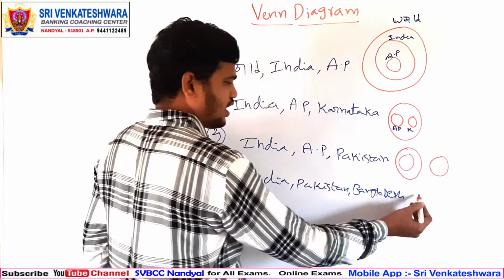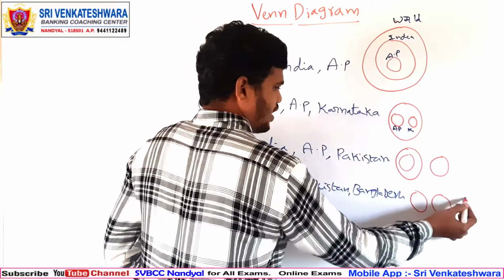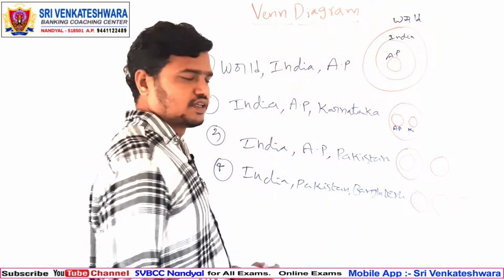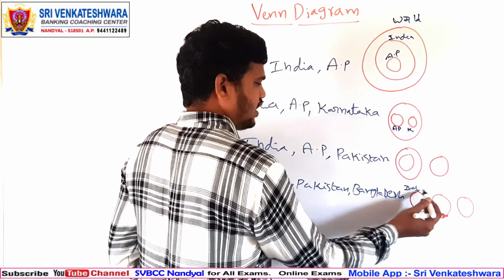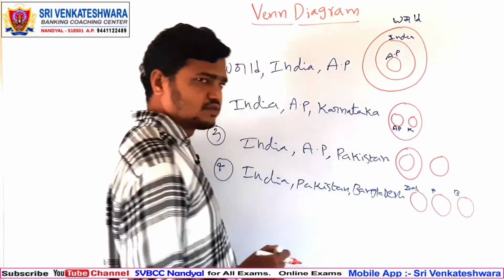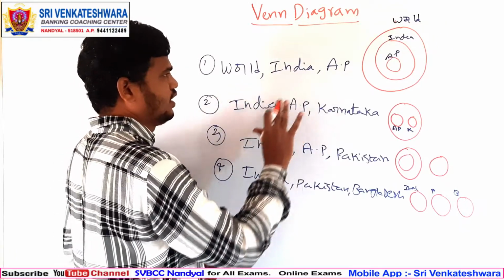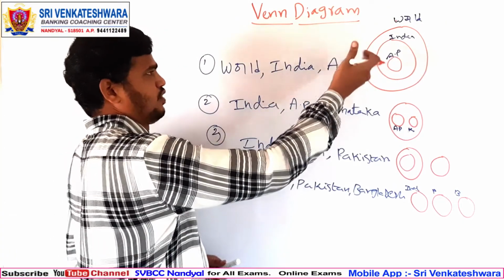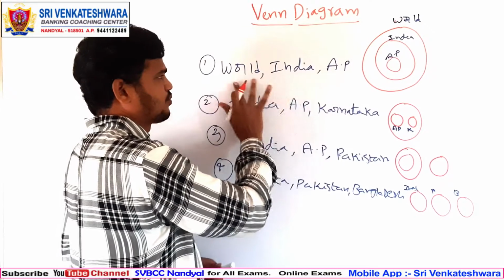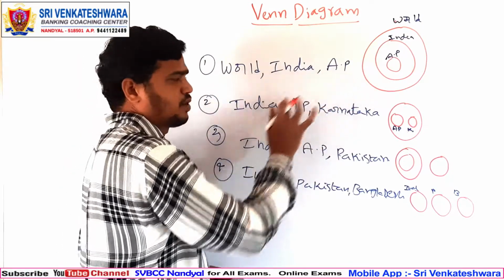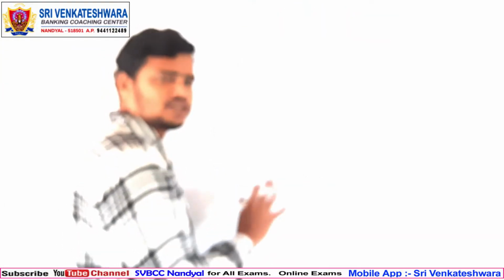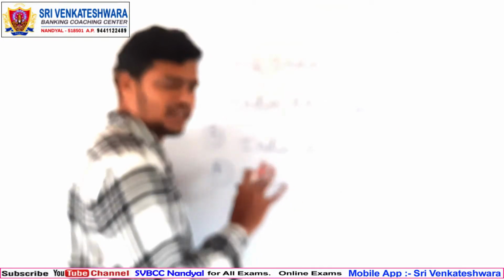So we draw them separately: India, Pakistan, Bangladesh. This is how we can draw the different diagrams. First of all, you need to observe the relationship of the given elements.